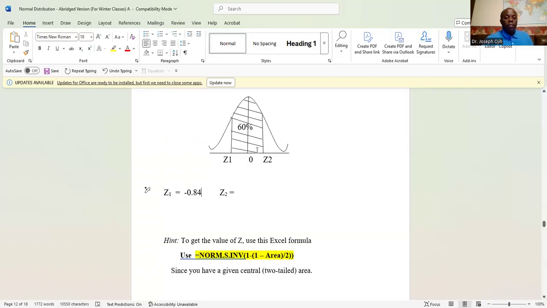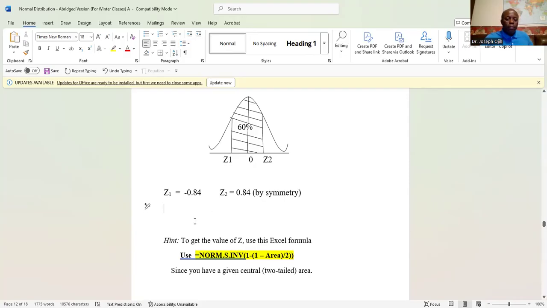And Z2, by symmetry they are equal, so Z2 will be positive 0.84. With these two, we can now get the lowest and highest possible score to qualify.